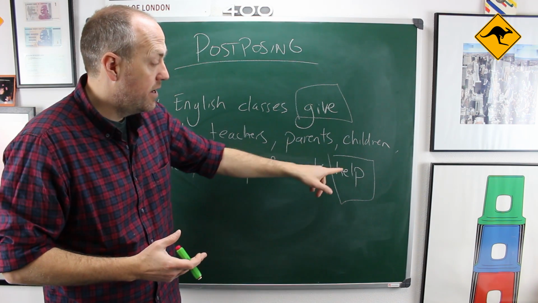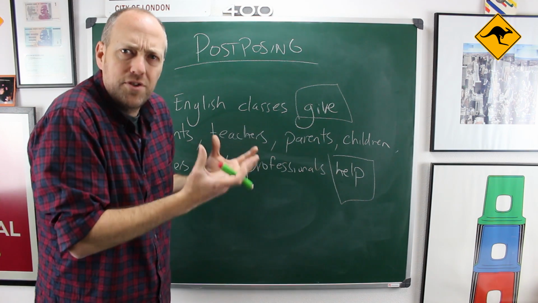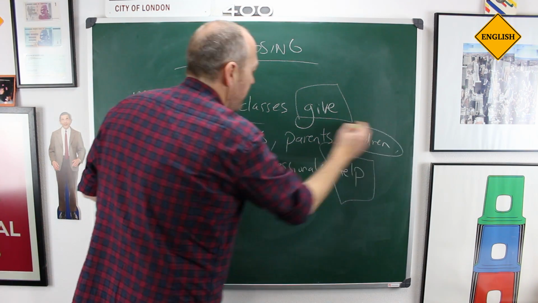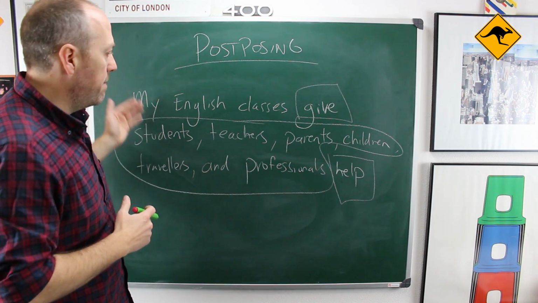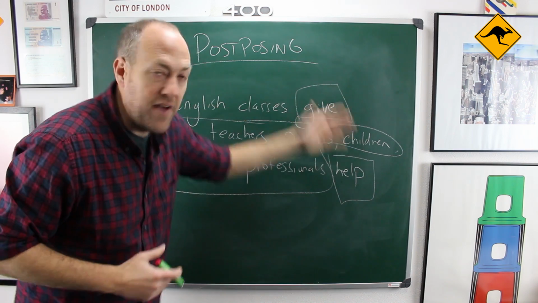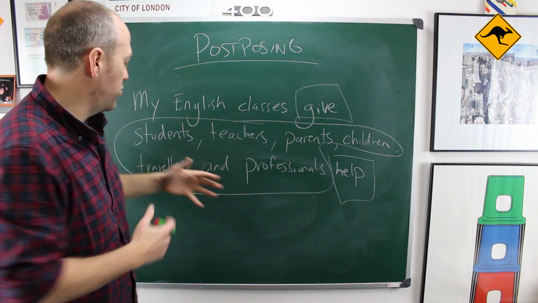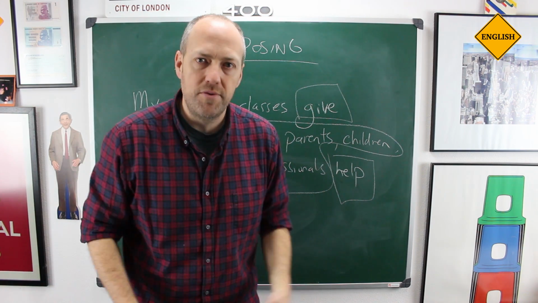So I can move this here and I put the heavy part of the sentence, okay? I put this heavy part at the end. My English classes give help to students, teachers, parents, children, travelers and professionals. It's much easier to process.